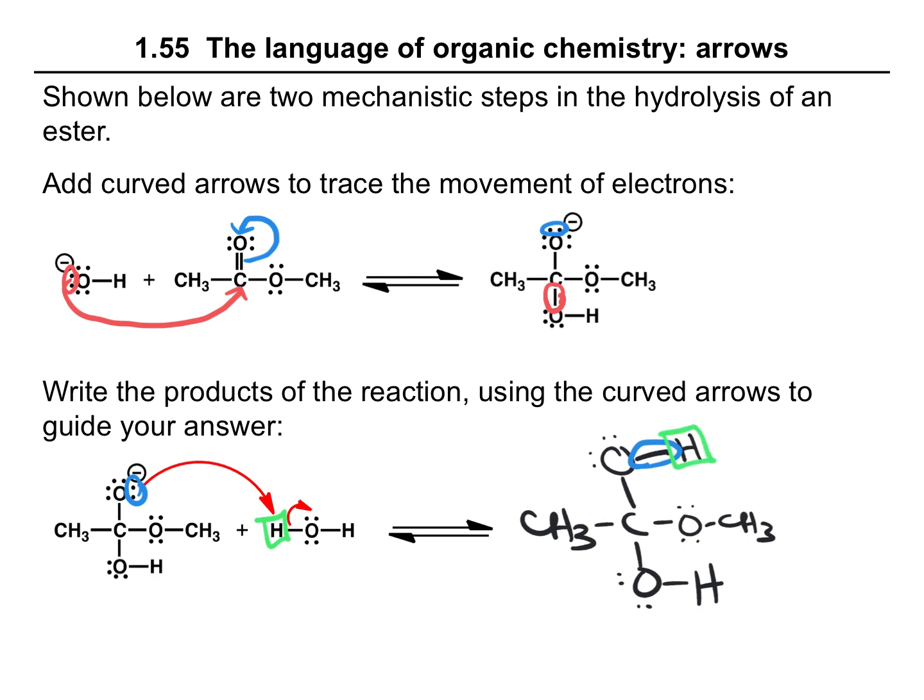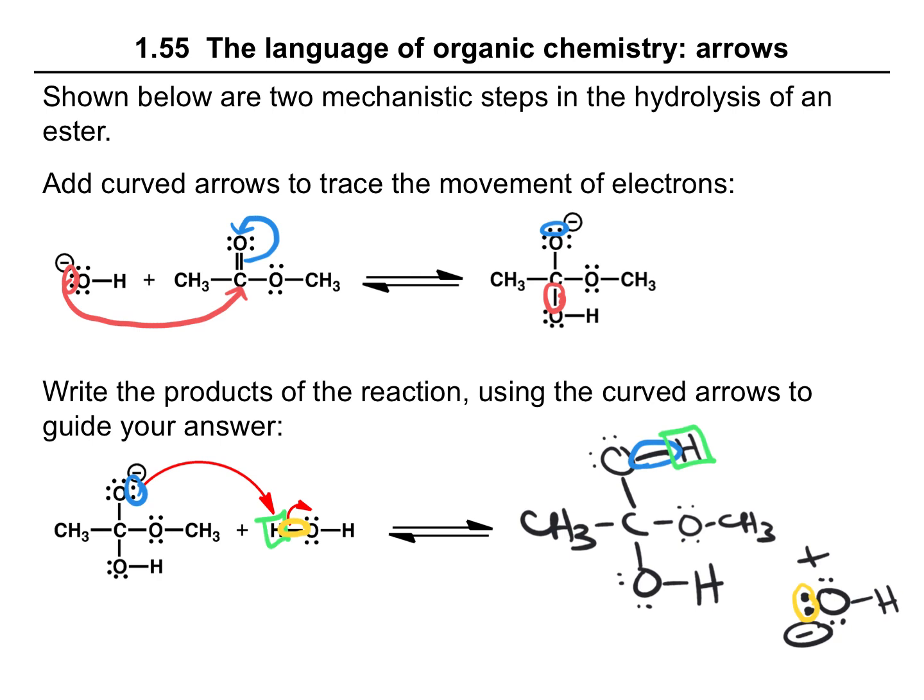But we're not done because what we have left is hydroxide, where we started out with 2 lone pairs. We still have those 2 lone pairs, but now we have a new lone pair. And this oxygen will have a formal charge of -1. So this pair of electrons is now this pair of electrons.